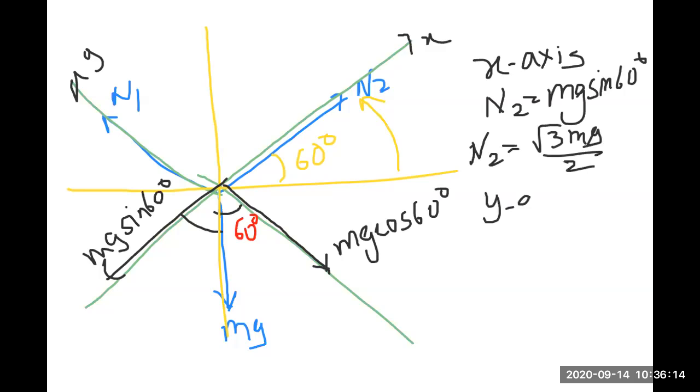And along the y-axis, very good, Aryan, I will get N1 is equal to mg cos 60 degrees. So if I have here cos 60 degrees, N1 is equal to mg by 2.